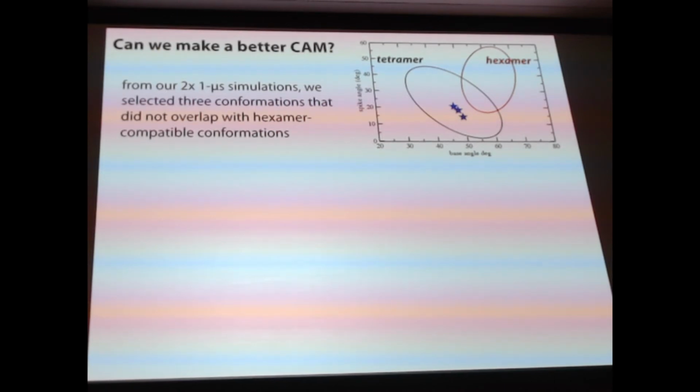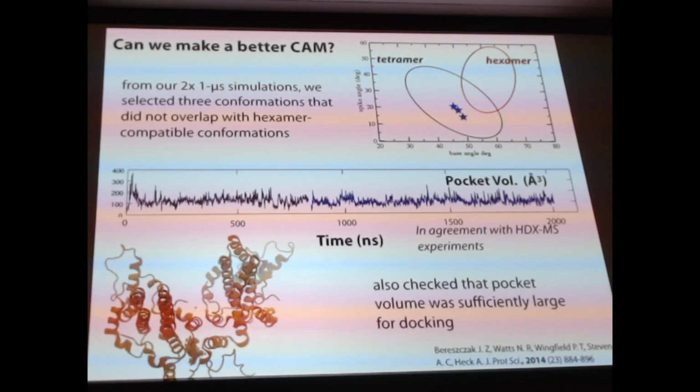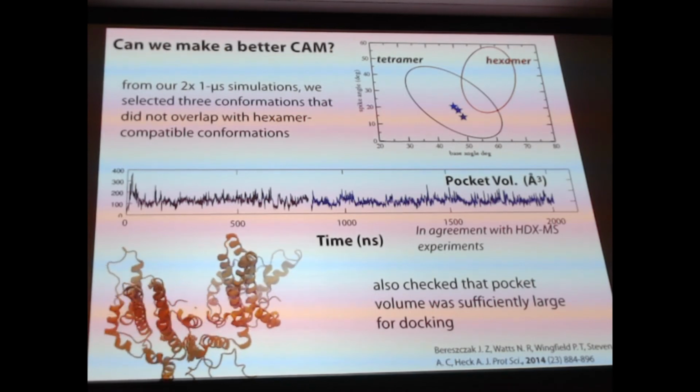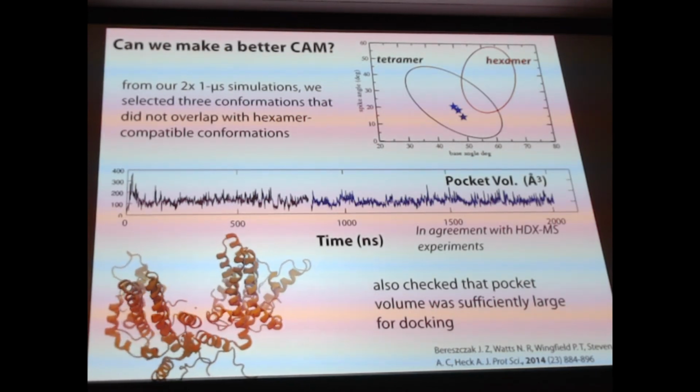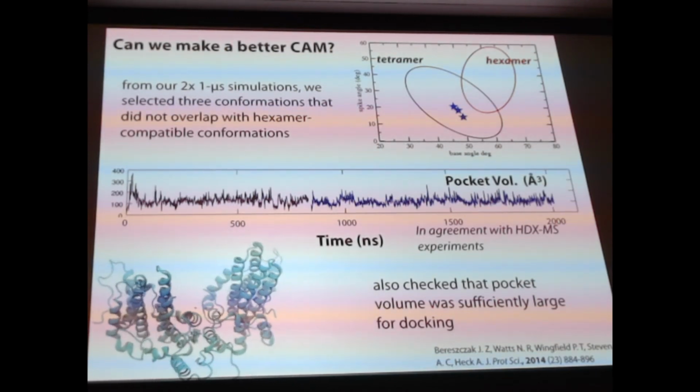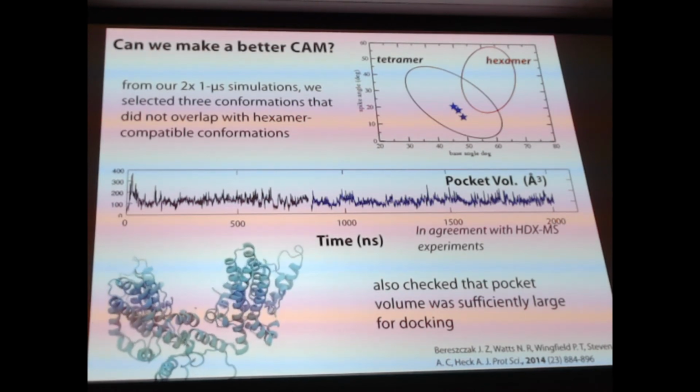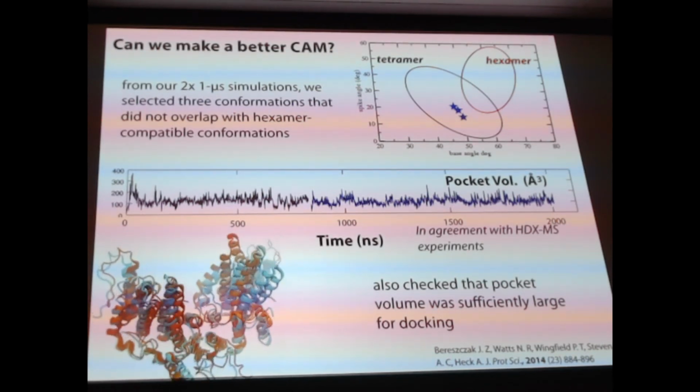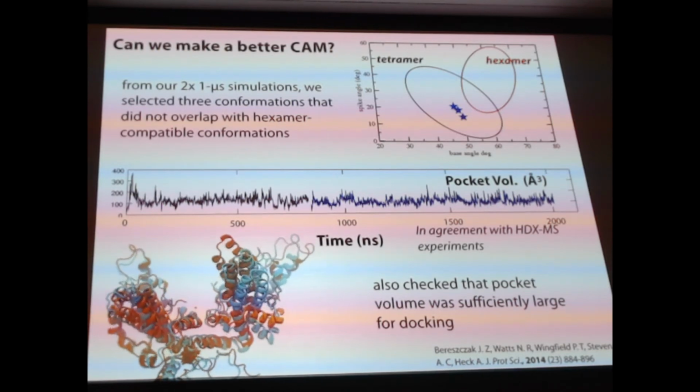And from those 3, we carried out docking. We also selected them such that they have a decent-sized pocket in order to be able to dock reasonably sized or even large drugs into it.